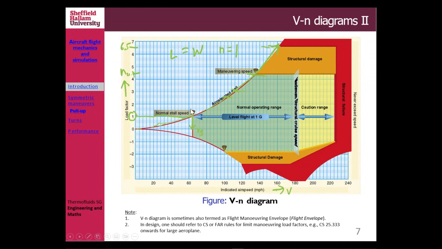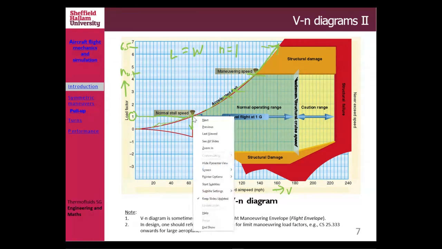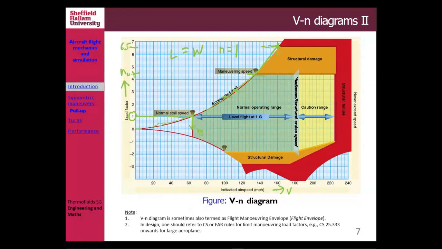The first is obviously this point, where if you fly in steady level flight, G equals 1. That is the line when you do level flight at 1G. Now, the minimum speed that you are allowed to fly is obviously that corner there, because if you fly below that speed, you are going to stall your aircraft.